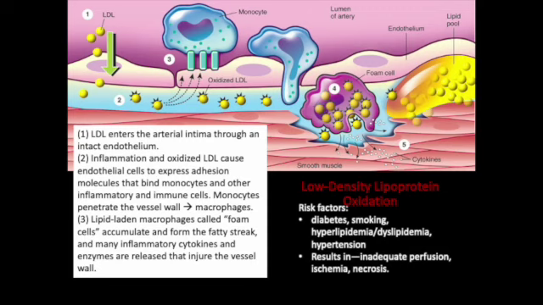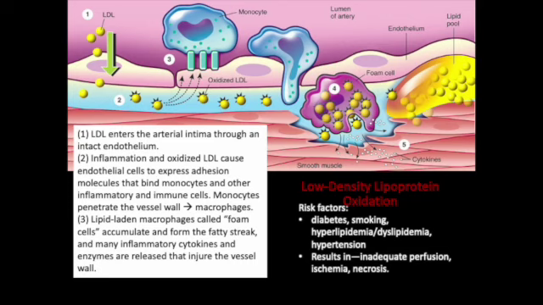Inflammation and oxidized LDL can also cause endothelial cells to express adhesion molecules. These adhesion molecules bind to monocytes and other inflammatory immune cells, and they will penetrate into the vessel wall, eventually becoming macrophages. So this is just a little tidbit of more detail coming from the overview of the last slide.